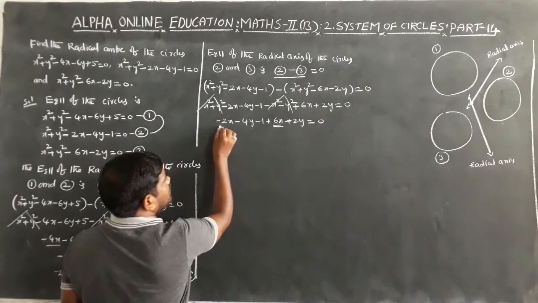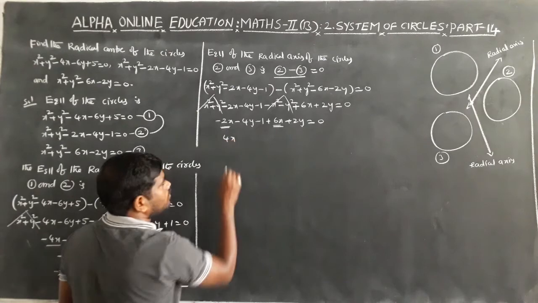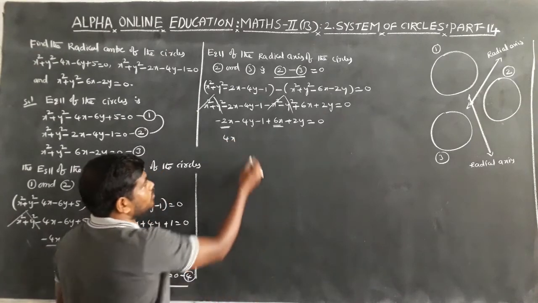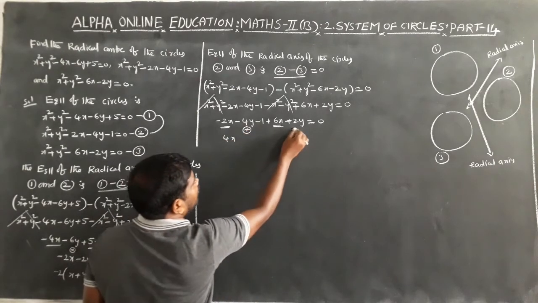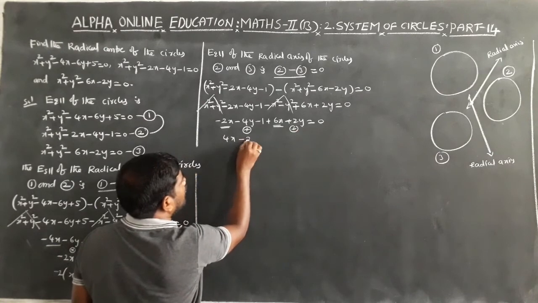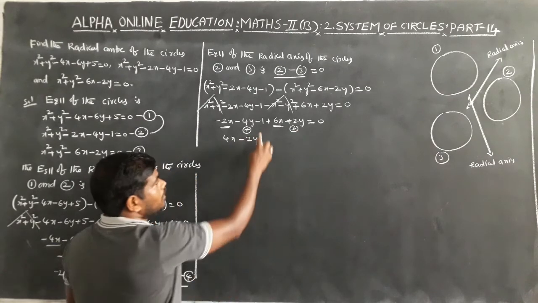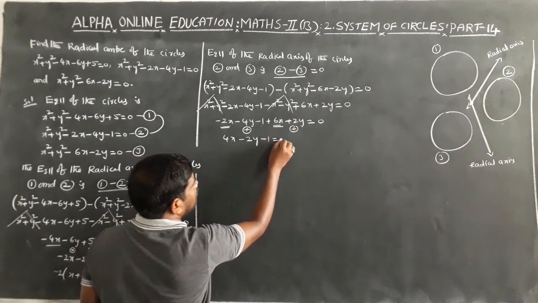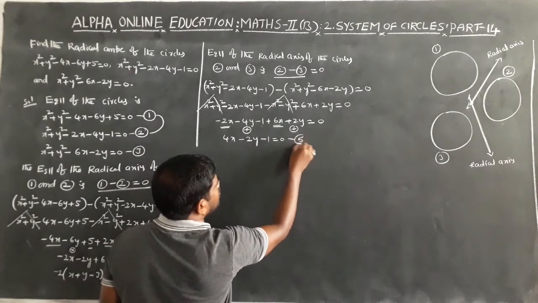Plus x square and minus x square get cancelled. Plus y square and minus y square get cancelled. Then plus 6x minus 2x is plus 4x, minus 4y plus 2y is minus 2y, minus 1 is equal to 0.